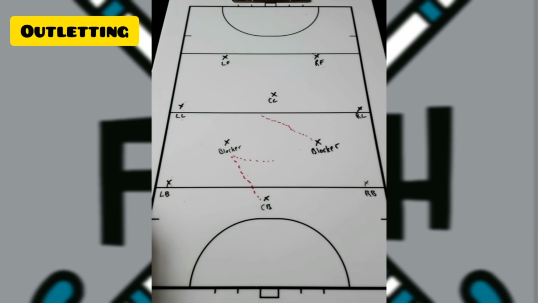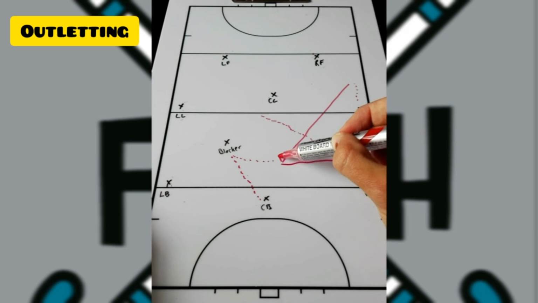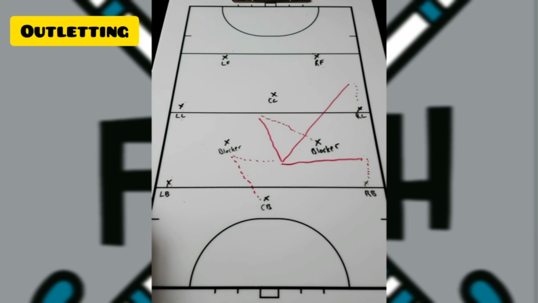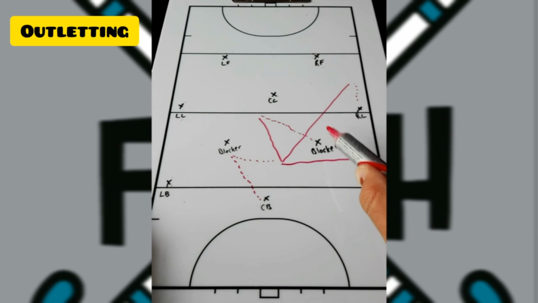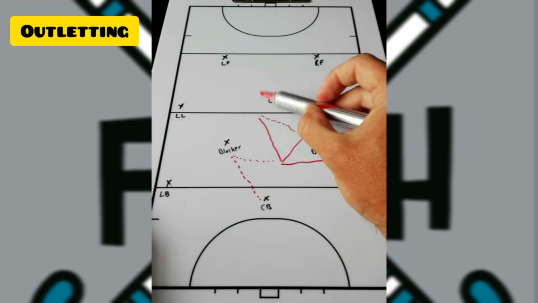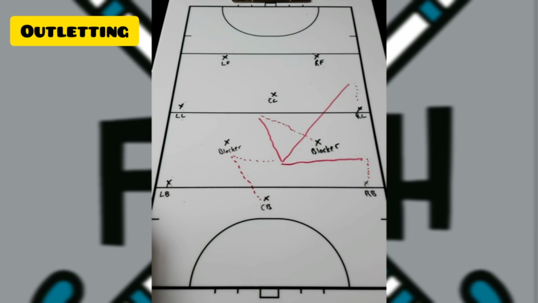If the right back moves into the space, they will move this link a little bit higher, and then blocker number 1 has this pass through. They can pass to the right link on top, or they can pass to blocker number 2. Blocker number 2 and 1 can have a nice little 2v1 situation as well inside this formation.